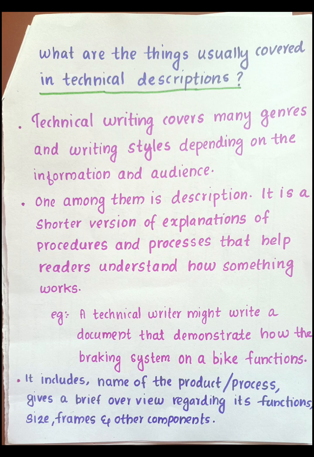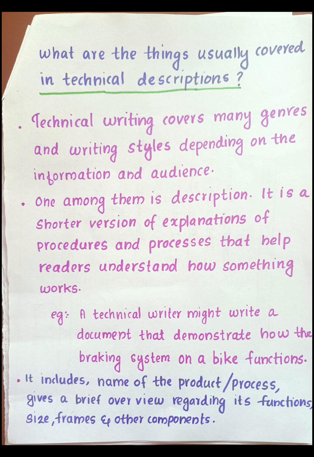What are the things usually covered in technical descriptions? Technical writing covers many genres and writing styles depending on the information and audience. One among them is description, technical description. It is a shorter version of explanation of procedures and processes that help readers understand how something works.